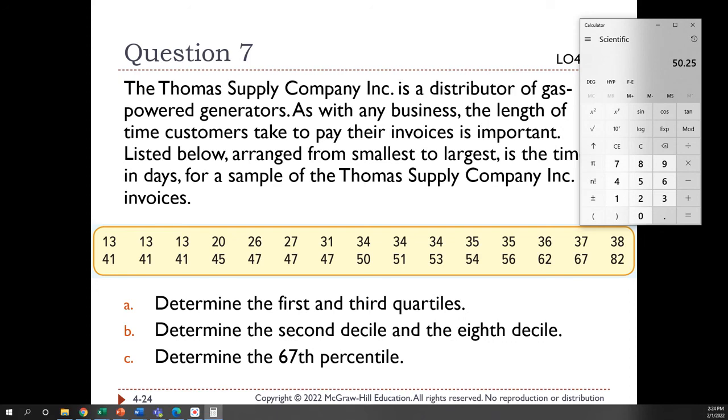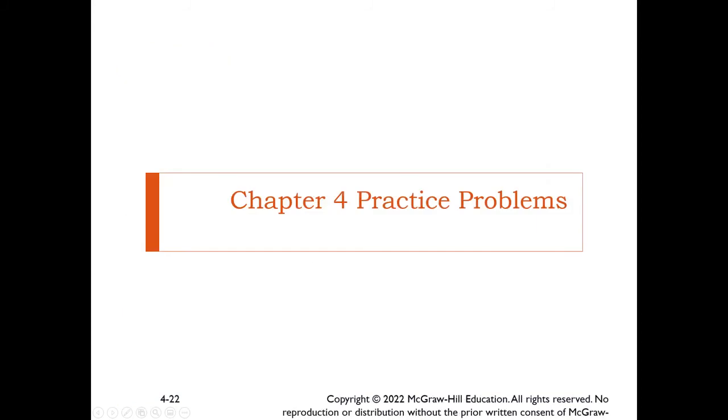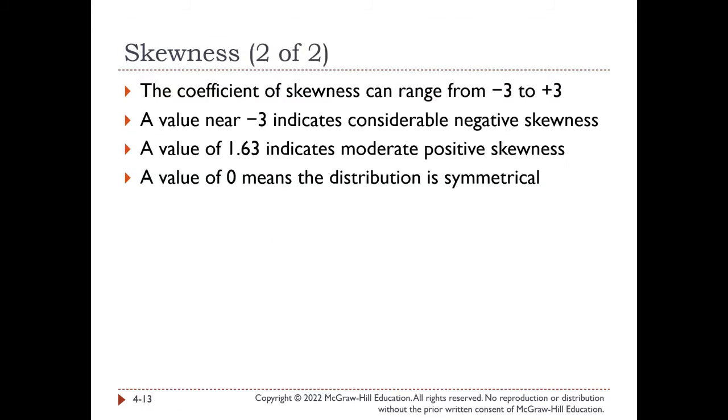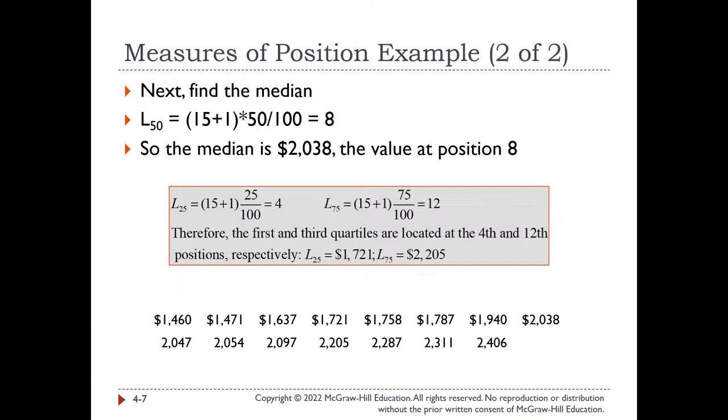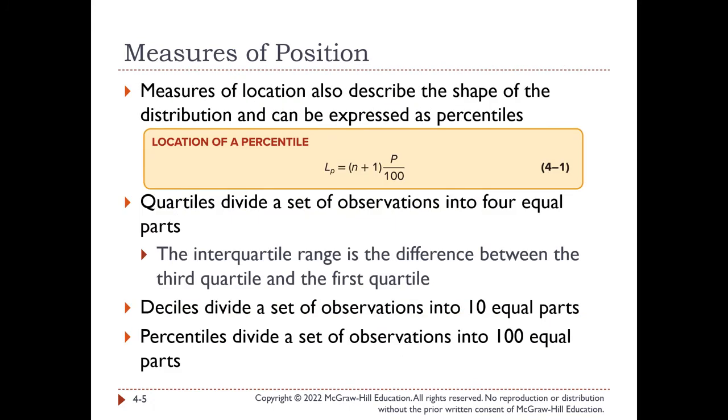Now it asks to find the second decile and 8th decile. So let's do it real quick. Let's see if it gives us a good decile. Deciles are divided, as set by observations, into 10 equal parts.